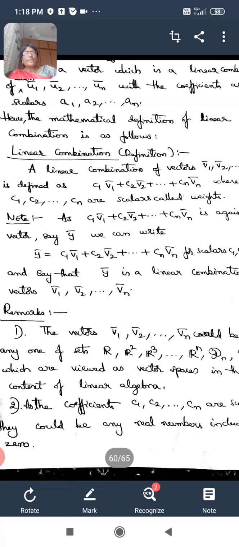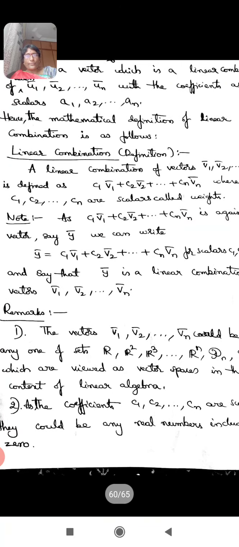A linear combination of vectors v1 bar, v2 bar, so on vn bar is defined as c1 v1 bar plus c2 v2 bar plus so on cn vn bar, which is the sum of scalar multiples of the vectors v1, v2, so on vn by the scalars c1, c2, so on cn, where the scalars are called weights in the context of linear algebra.